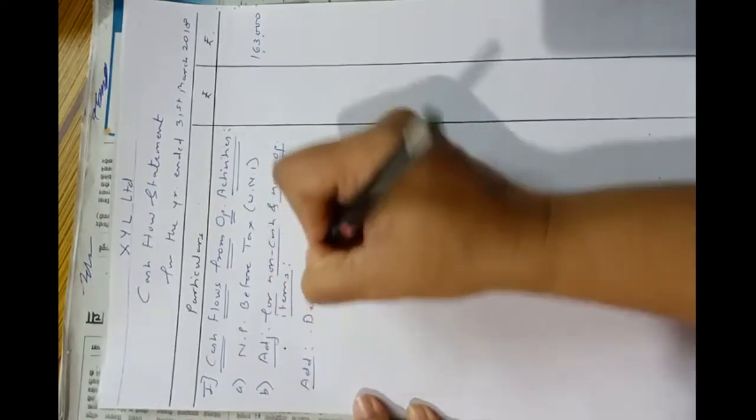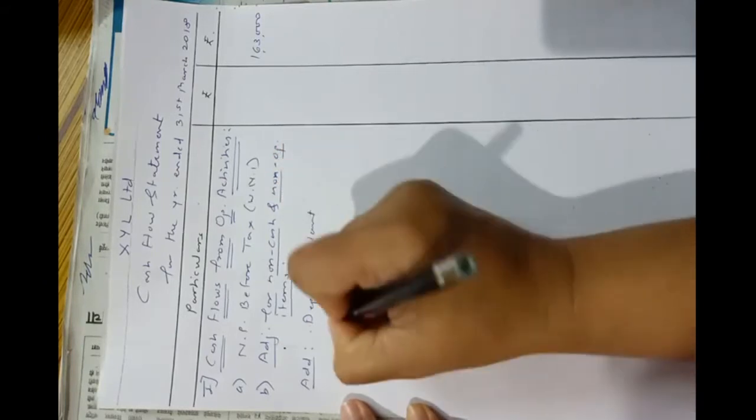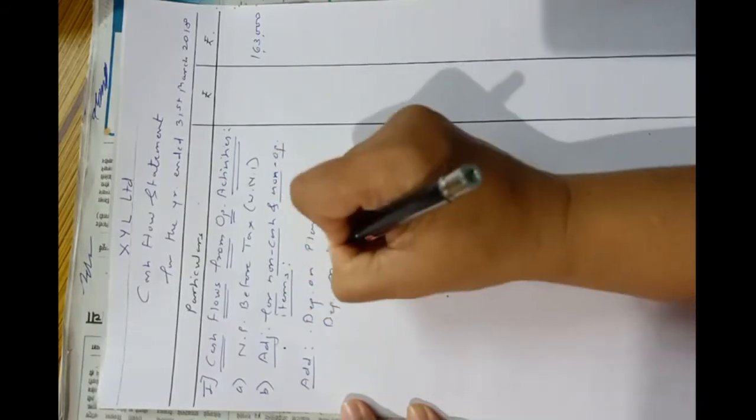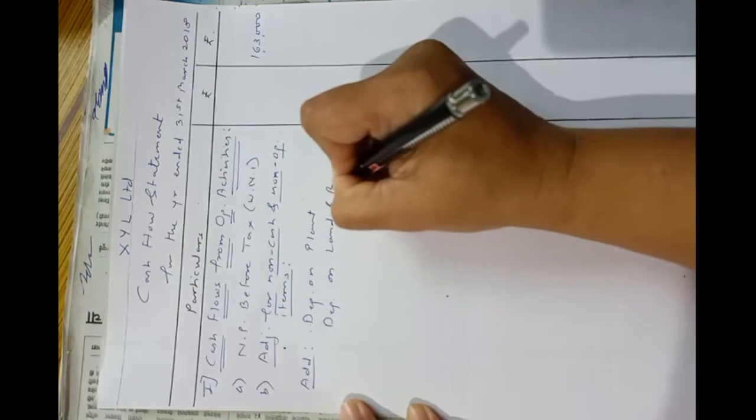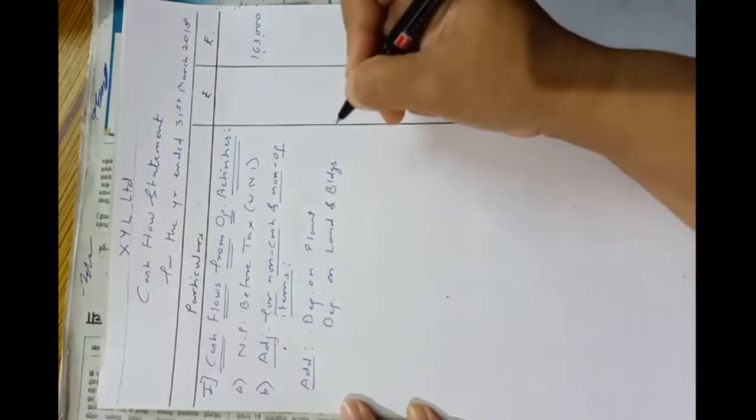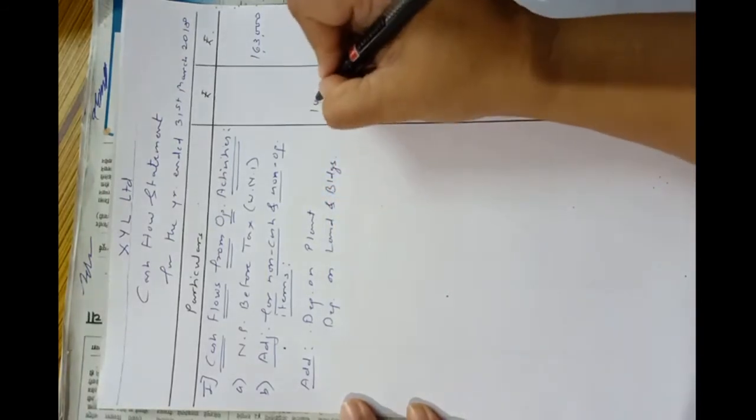So depreciation on plant and depreciation on land and building. Amounts are 10,000 and 20,000.